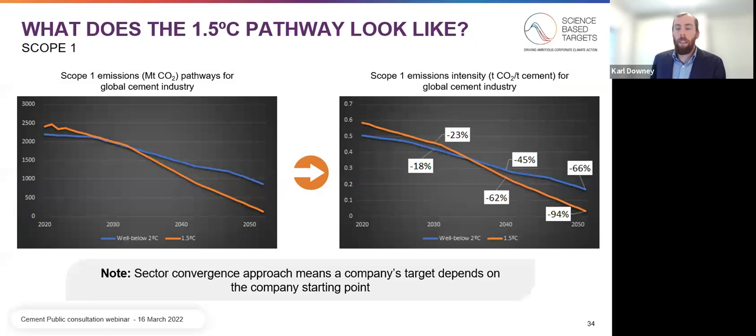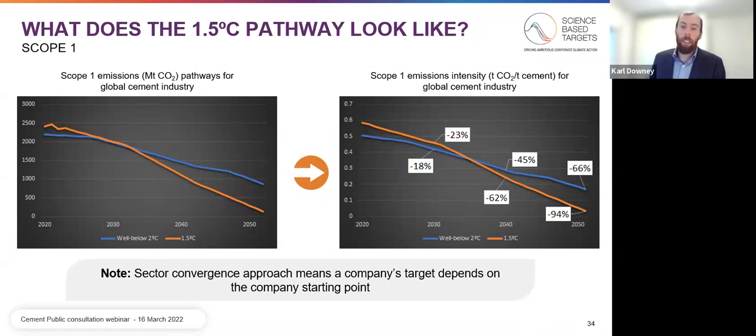So we look at what this actually means when we convert it into an intensity pathway for cement. You can see we go from absolute emissions to emissions per ton of cement. On the slide on the right is the scope 1 emission intensity pathway in orange for 1.5 degrees, and we're comparing it in blue to the current pathways, which are well below 2 degrees. And you can see this is a steeper line, leading to lower residual emissions in 2050.